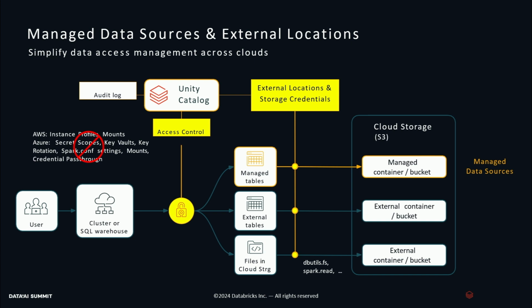Now, external locations are basically similar to the multiple mount points that we used to create in our Databricks workspaces in the pre-UC world, right? And we also know how difficult it was to manage those mount points. So Unity Catalog basically brings in centralized management on these mount points, which are referred to as external locations.